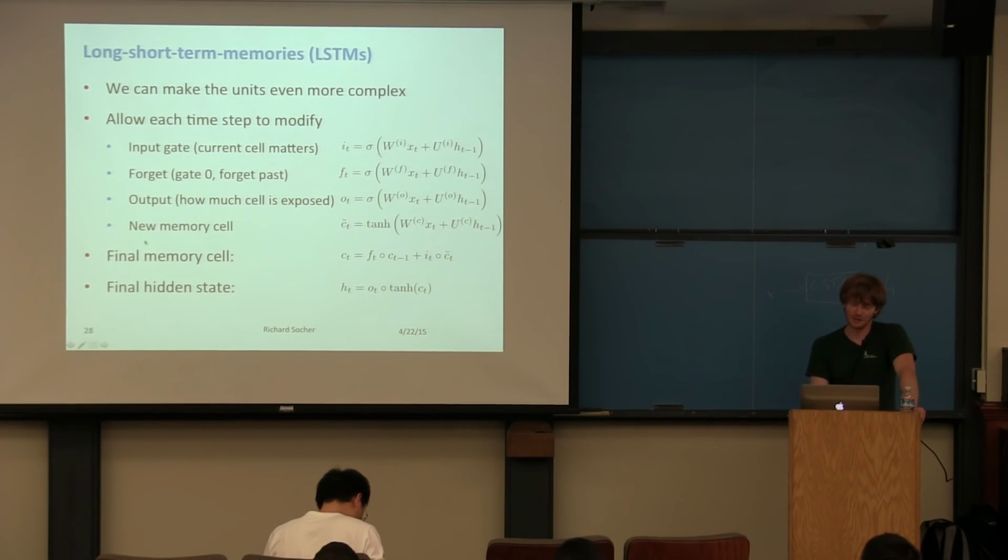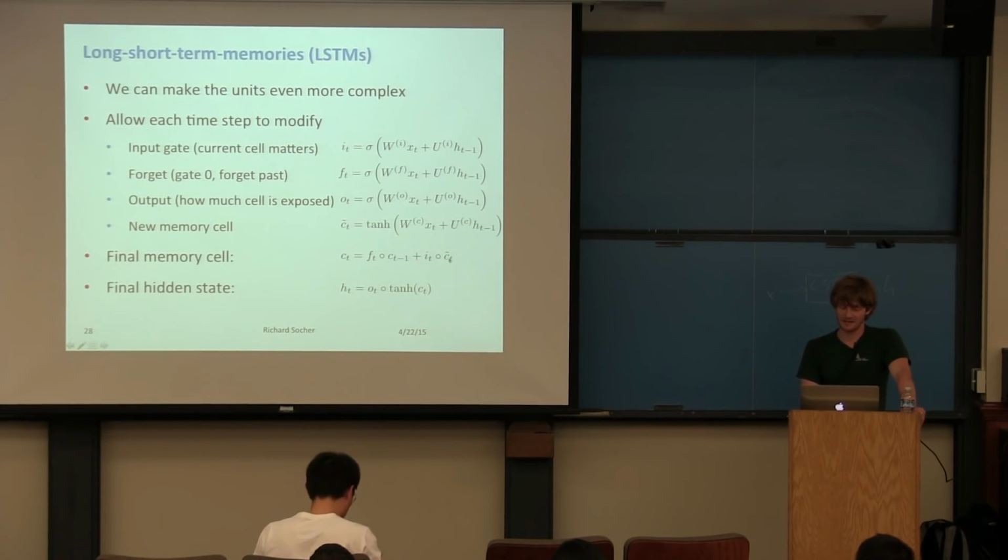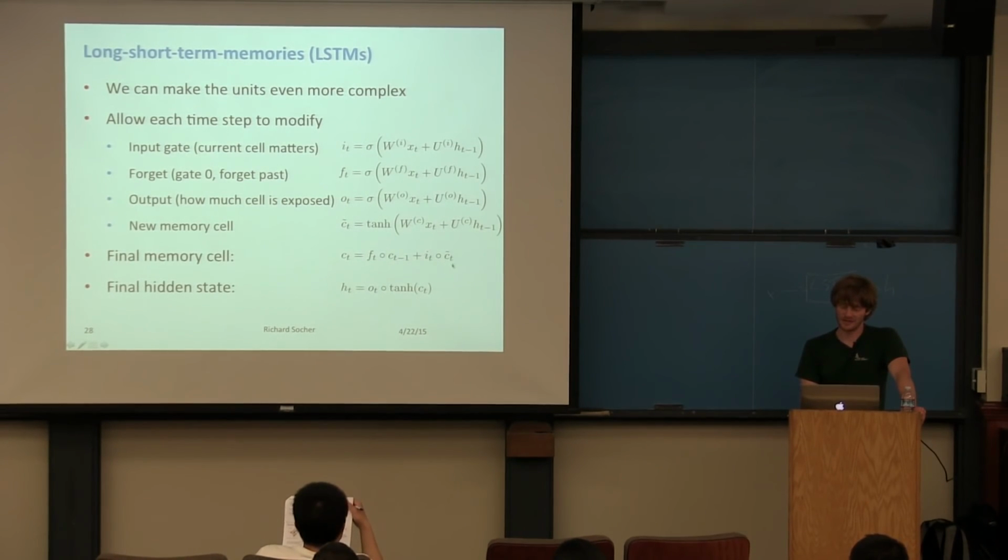OK, so the new memory cell here is also, again, a tanh unit. And we have here the same kind of linear transformations and so on. Now the main novelty here is how do we actually put all these gates together? And it's fairly straightforward in some ways, right? We just have two element-wise multiplications. And we, again, either care about our previous memory c_{t-1} or about the thing that we just computed at our current time step.